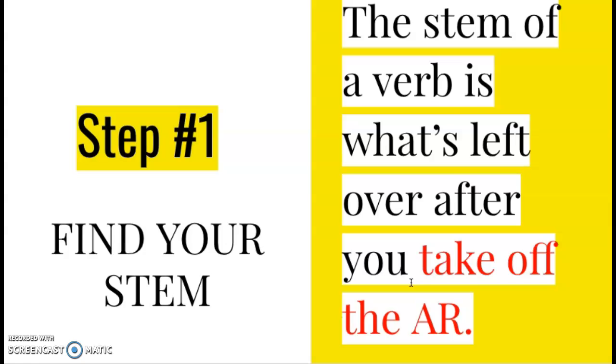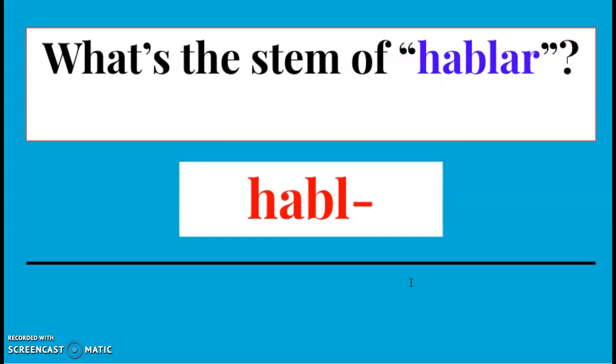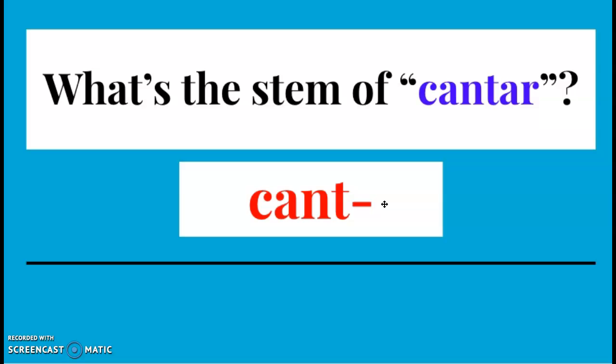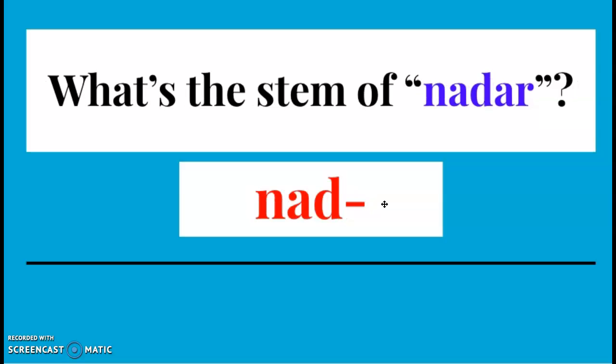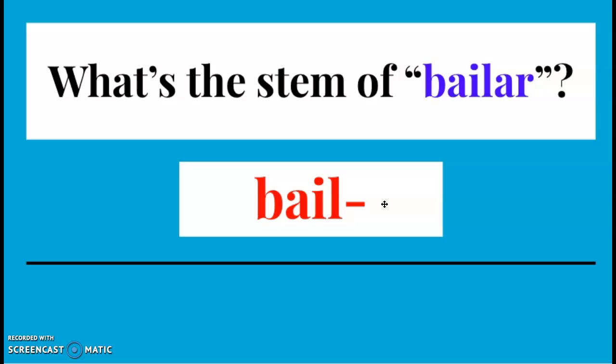So once you take that off, then you're left with your stem or your root of the verb. So the stem of hablar would be habl. So it's everything minus the AR. The stem of cantar would be cant. The stem of nadar would be nad. You see how this is working? The stem of bailar is bail. Okay, so it's everything minus the AR.